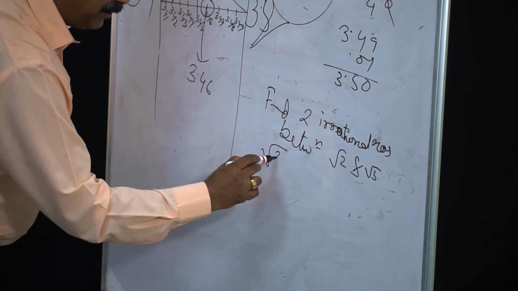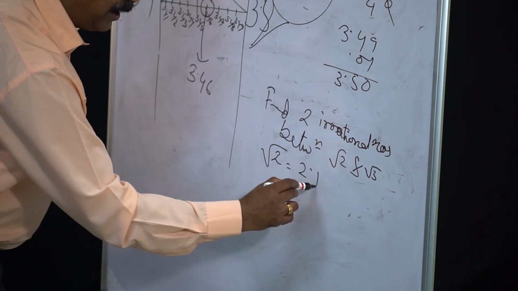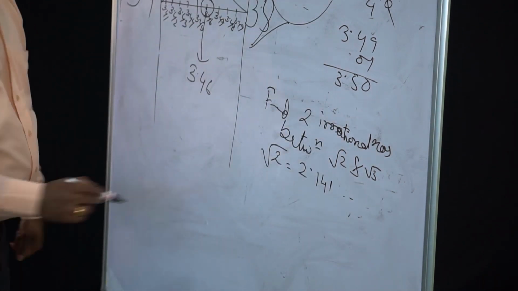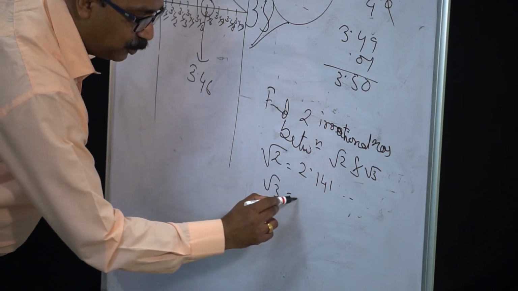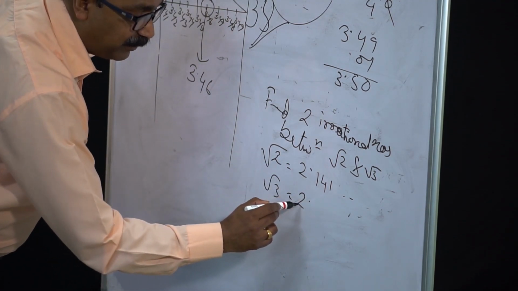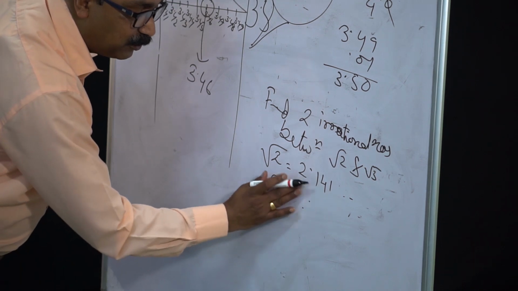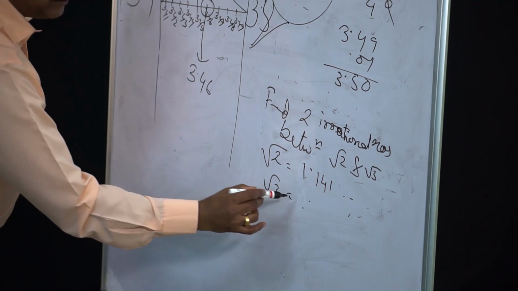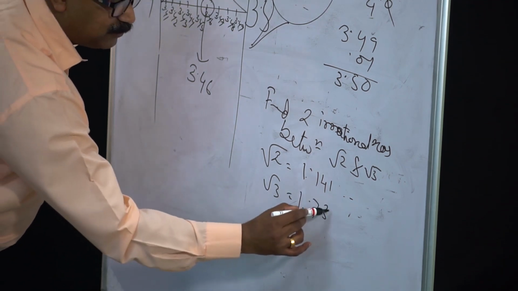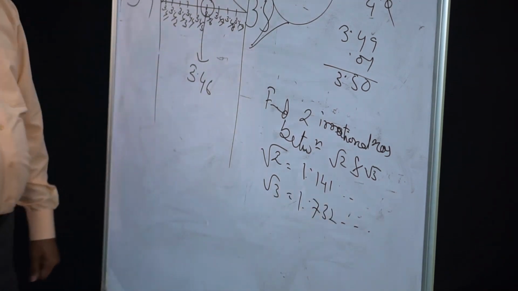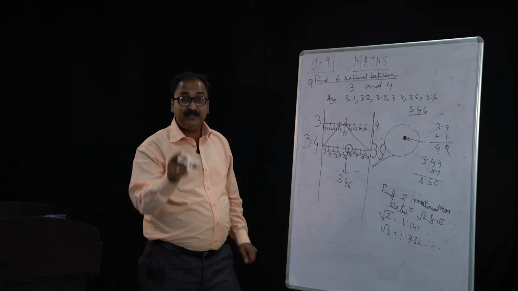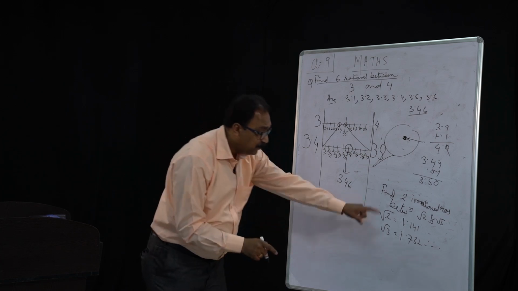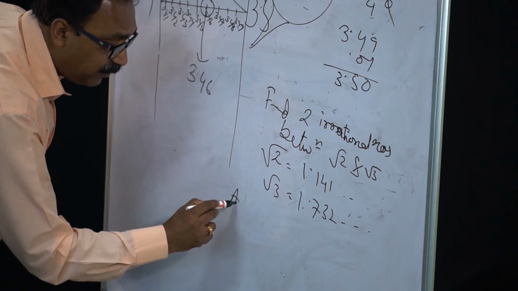If you find it on the number line, you will get 1.414, non-terminating. And the value of root 3? It is 1.732. We just consider these, though many values are there in between. You have to find irrational numbers in between. What is an irrational number? Non-terminating, non-repeating.